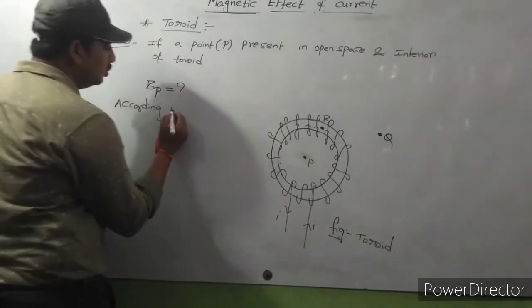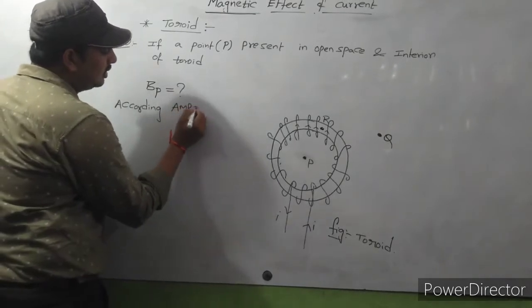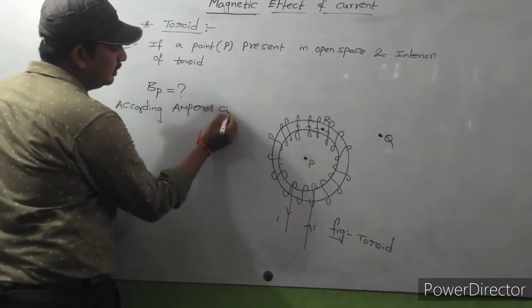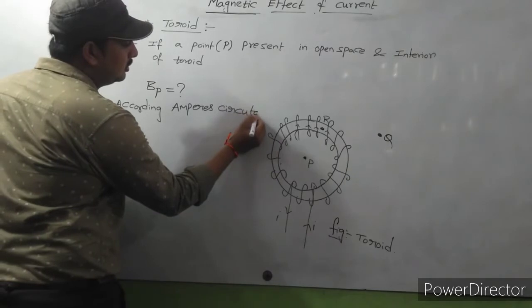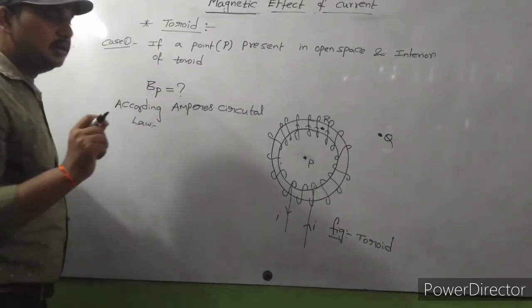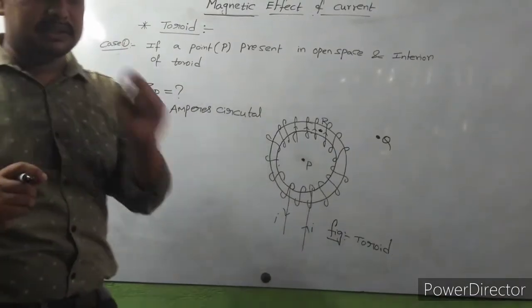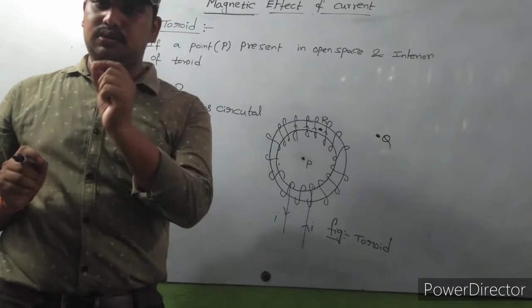So according to Ampere's circuital law, we have two laws, Biot-Savart's law and Ampere's circuital law.